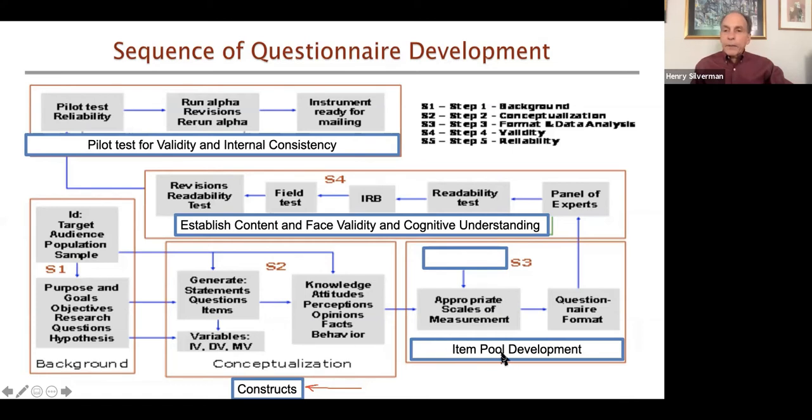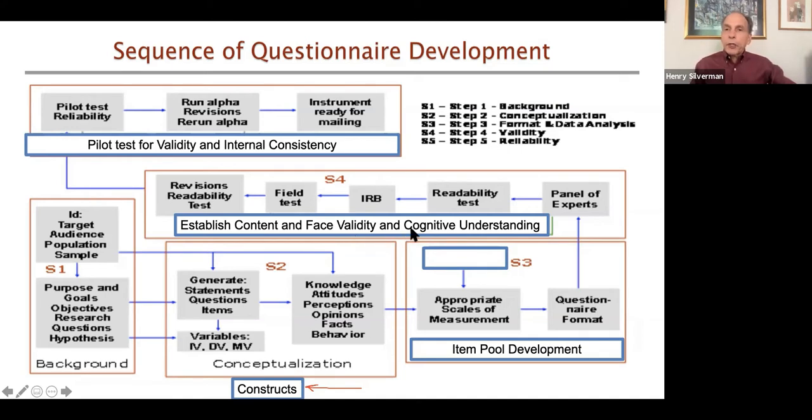So in developing the item pool, there are two ways to do it: based on existing literature or previous questionnaires, or you ask a panel of experts. And then once you have developed your item pool, you want to establish what's called content and face validity.